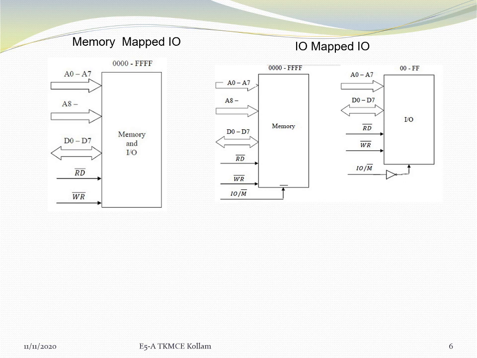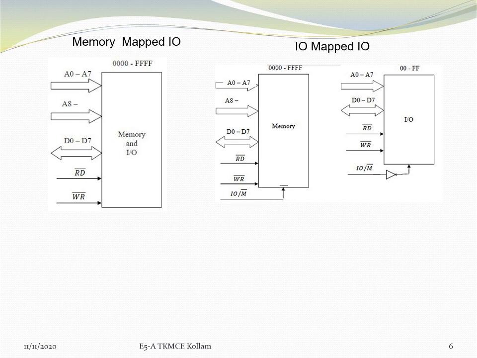Then the microprocessor makes the IO/M bar signal low. Then it makes the RD bar signal low during the second clock cycle to handle read operation. If the processor is doing a write operation, during the second clock cycle the WR bar signal goes low.